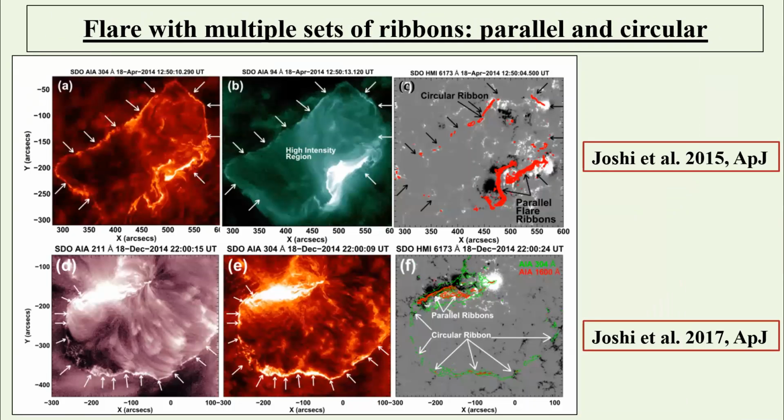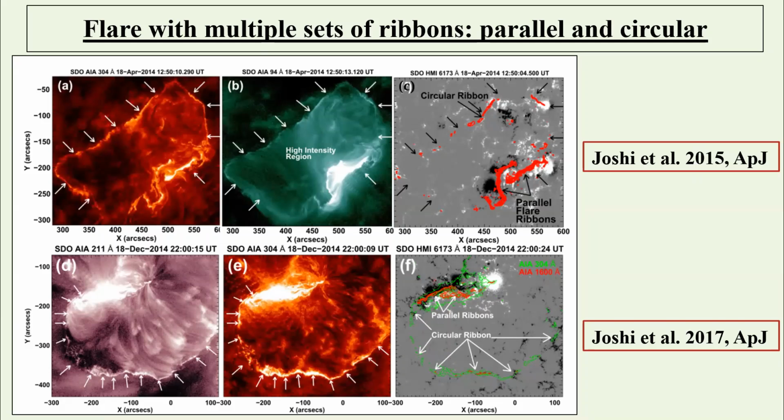Okay, so in this continuation, I myself started working on such kind of circular ribbon flare events. The first work that I published in 2015, in which we found a very large scale circular ribbon structure. Probably this is the first time we have studied or discussed something about a very large scale structure.